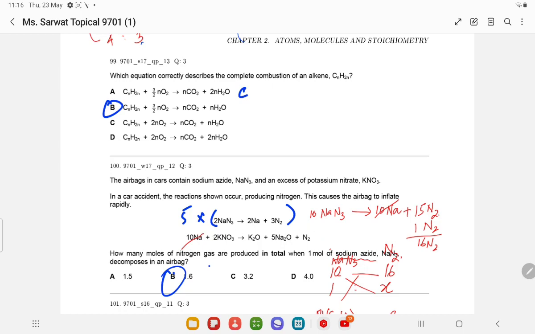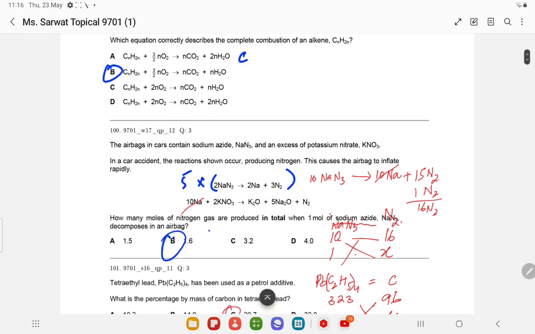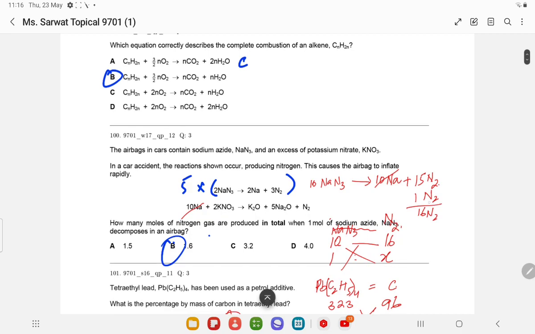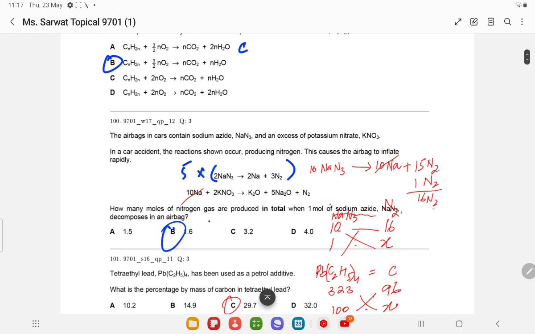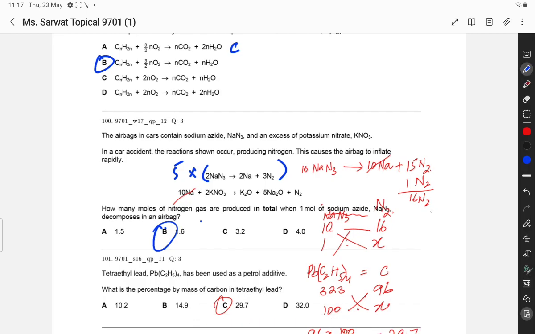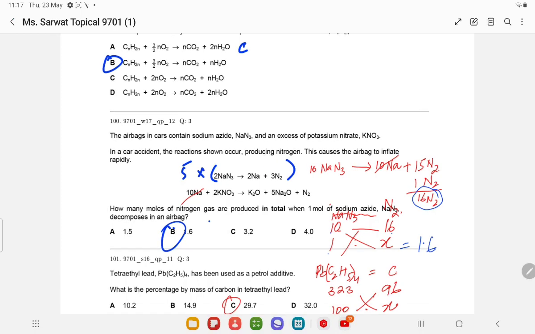So we get this equation: 10NaN3 gives 10Na plus 15N2, and the total number of nitrogen is 1 over here and 15 over here. So the total nitrogen is 16 moles. By using the mole ratio, 10 moles produce 16, and 1 mole produces X. So the mole is equal to 1.6. So B is the best option.